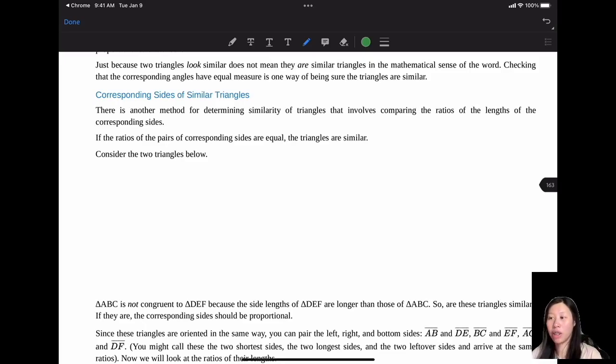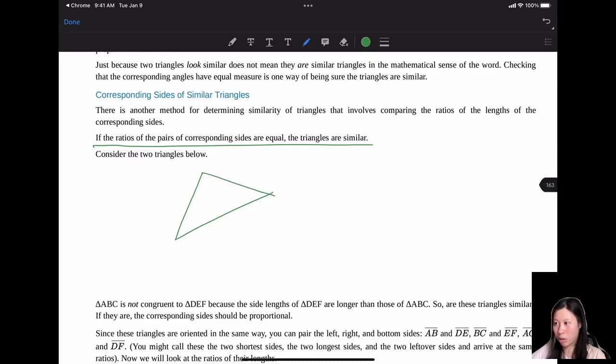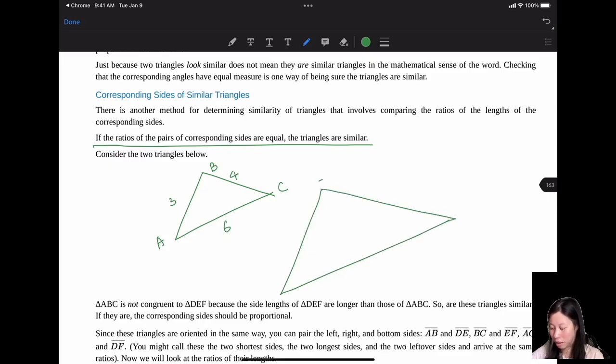Now, for similar triangles, if the ratios of the pairs of corresponding sides are equal, the triangles are similar. So what does that mean? That means I give you two triangles, A, B, C, and another triangle, E, D, F. I say that, hey, these two are obviously not congruent because the lengths are not equal.